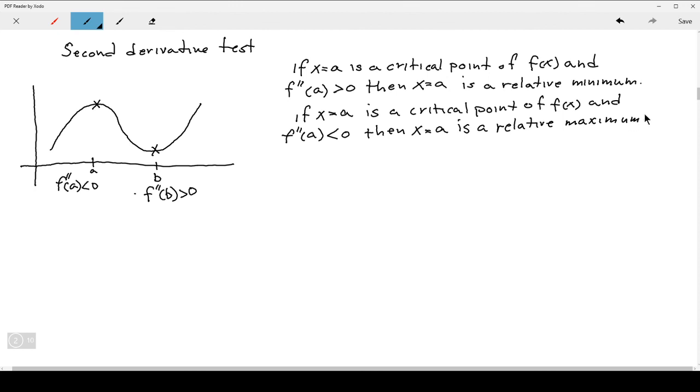All right, so there is your second derivative test. This is what we're going to be using when we get into the applications next time.